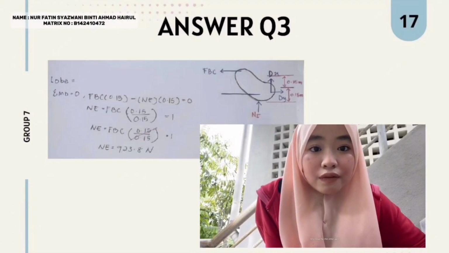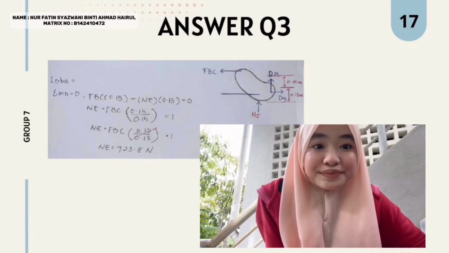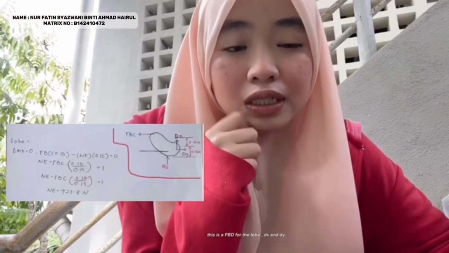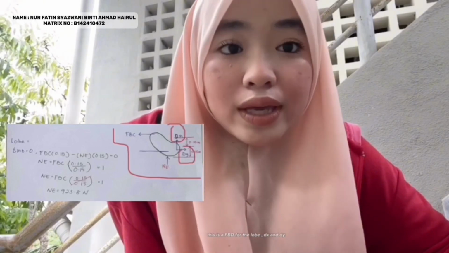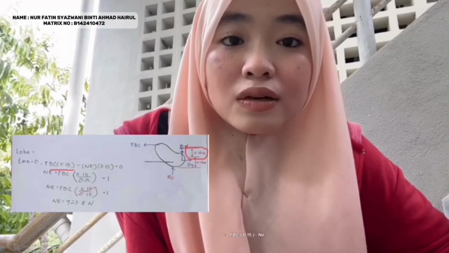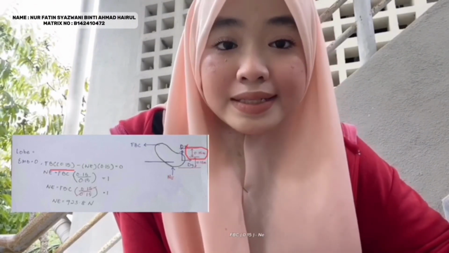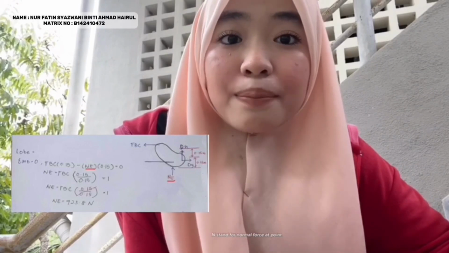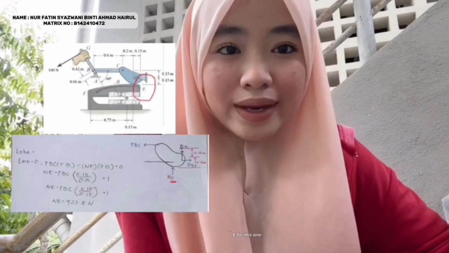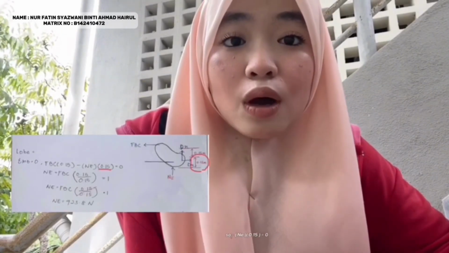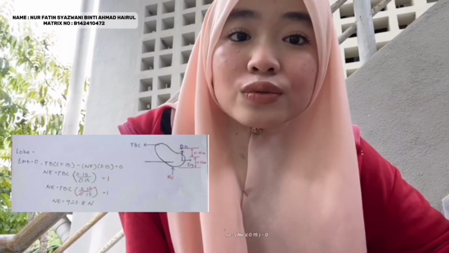Let's move to the other part. This is the FBD for the loop, with Dx and Dy. So FBC multiplied by 0.15 minus NE, where N stands for the normal force at point E, minus NE multiplied by 0.15 equal to 0.